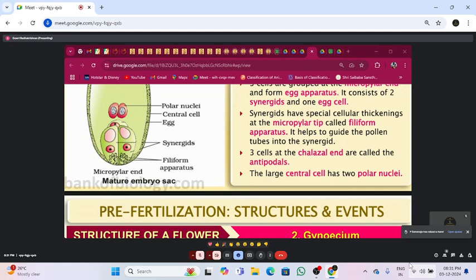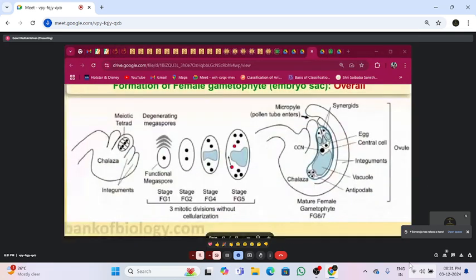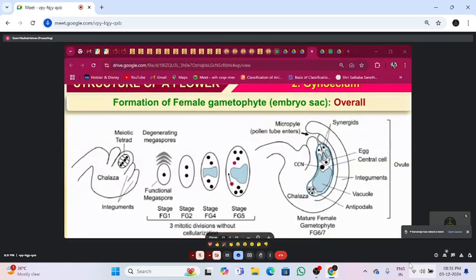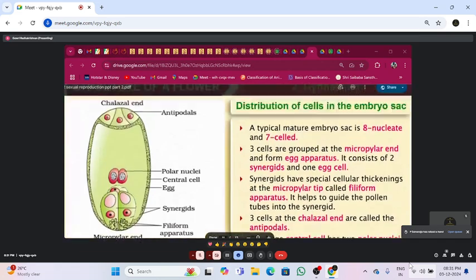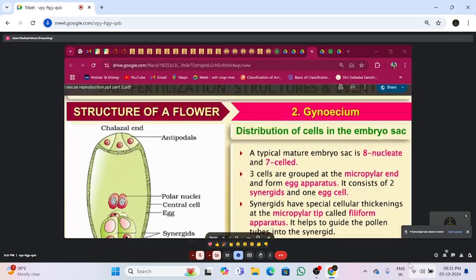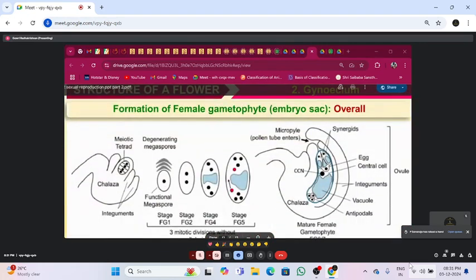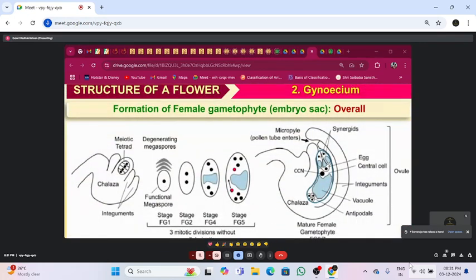The large one in the central part is the central cell that has the polar nuclei. All right, so this is about the female embryo sac.